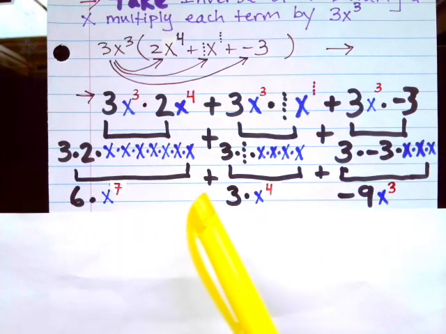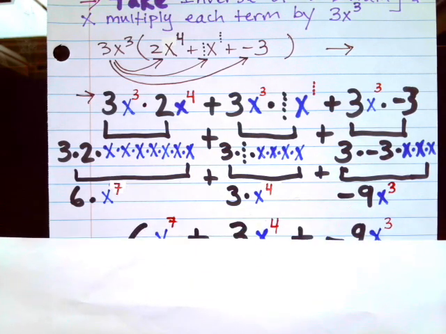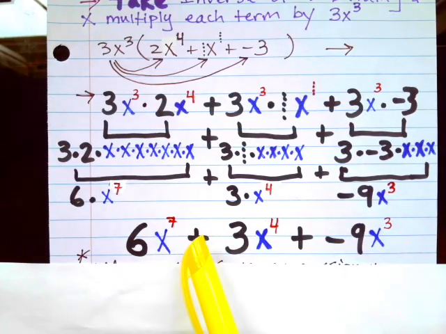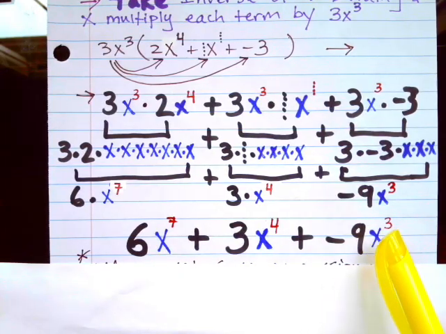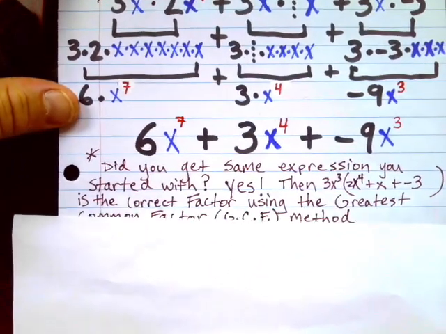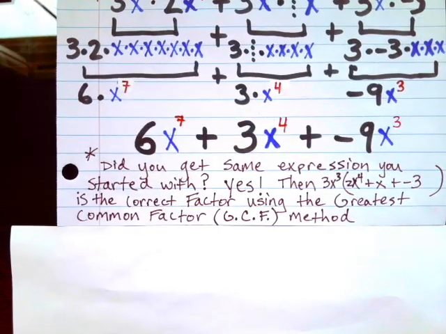I'm just going to rewrite these with a big plus sign in between, and then you can see I have 6x to the 7th power plus 3x to the 4th power plus a negative 9 times x cubed, or x to the 3rd power. Is this the same expression that we started with? Yes, it is.